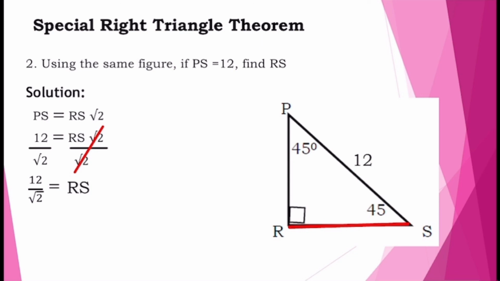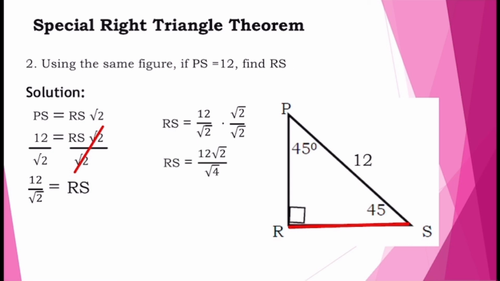And that is not the final answer. Why? Because we need to rationalize our denominator. So we have RS is equal to 12 over square root of 2 times square root of 2 over square root of 2, which is to rationalize, and after that, we simplify.